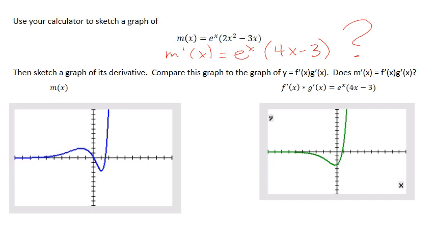And if I want to compare, I'm going to think about the derivative graphically like we were doing in the last chapter. So the blue graph here is just of m of x, of e to the x times 2x squared minus 3x. If I were just thinking about the derivative of this function, I know that I should have a 0 on the derivative graph right there. I should have a 0 on the derivative graph right here.